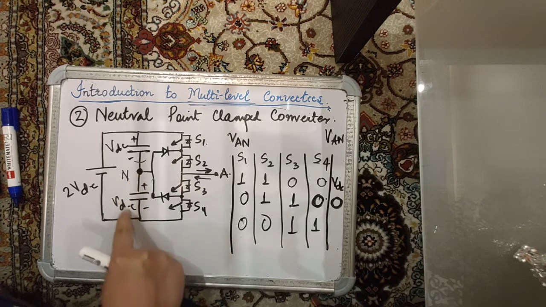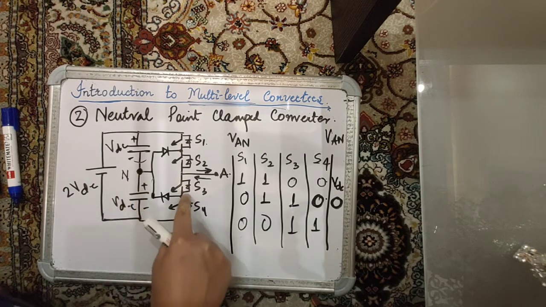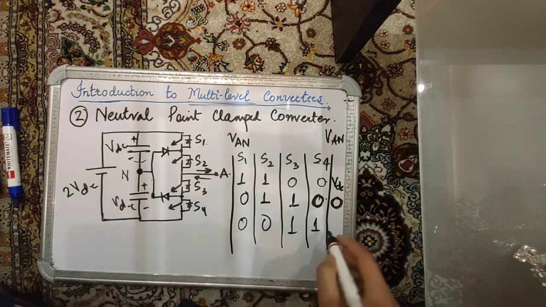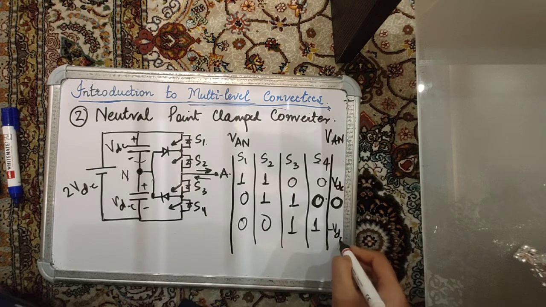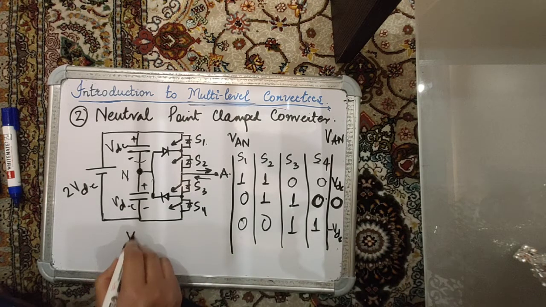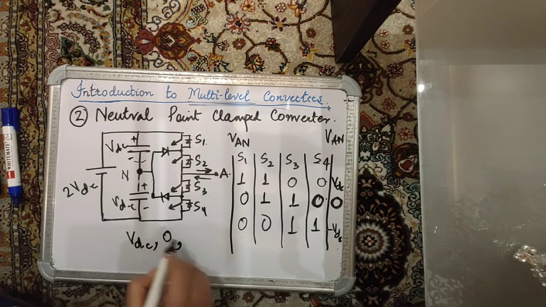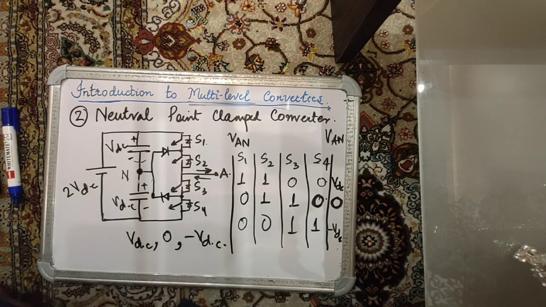You are just going through the capacitor. These two are on and this point reaches here. So VAN is simply minus VDC, which tells you that the output pole voltage, if you may call it the pole voltage, is a 3-level waveform: VDC, 0 and minus VDC.